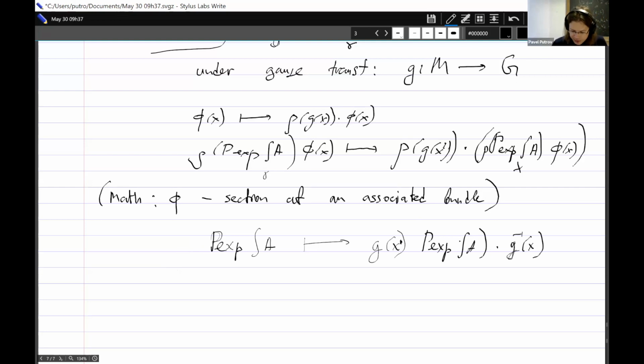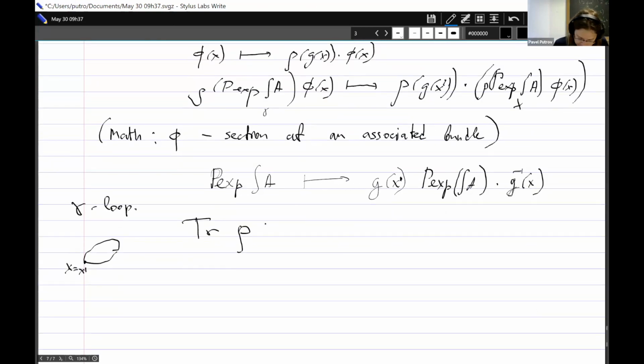So this itself is not gauge invariant, but if we now consider γ to be a loop, so x is the same as x prime, and consider the trace of this path ordered exponent in some representation ρ, then this will be gauge invariant, which can be seen immediately from the formula above.